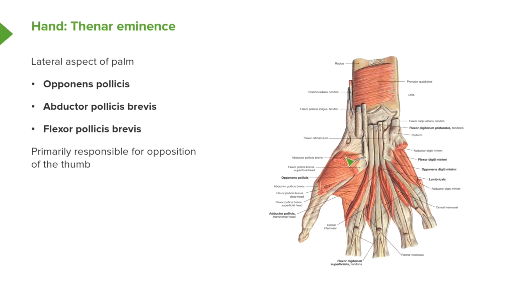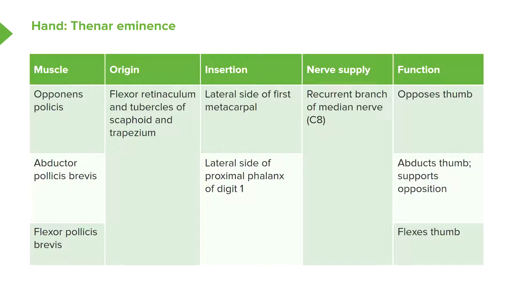And then more laterally, we have abductor pollicis brevis. So we can see abductor pollicis brevis here, and we can see where it's been cut here. You also have a slightly deeper head to flexor pollicis brevis, and we can just make that out deep. It's at the same plane as opponens pollicis. So these are the 3 muscles that are within the thenar eminence.